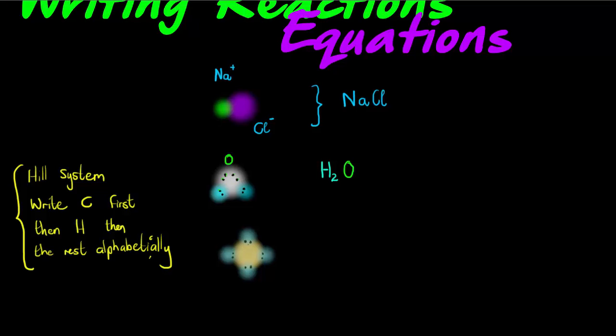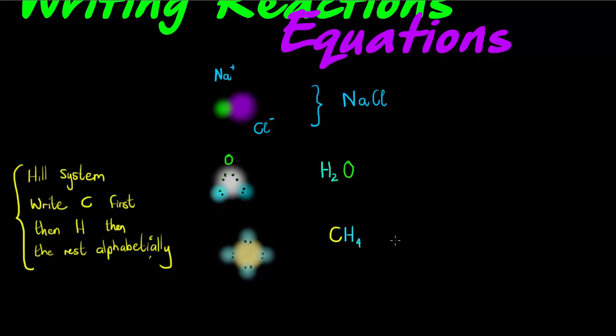So this one will be written, if we use the Hill system, starting with our carbon. There's just one carbon in this molecule, and then we have our hydrogen, and since there are 4 hydrogen atoms in this molecule, we will write it as C H 4.